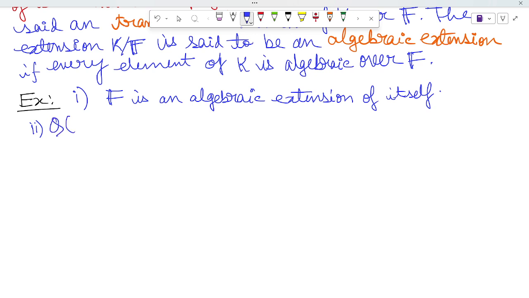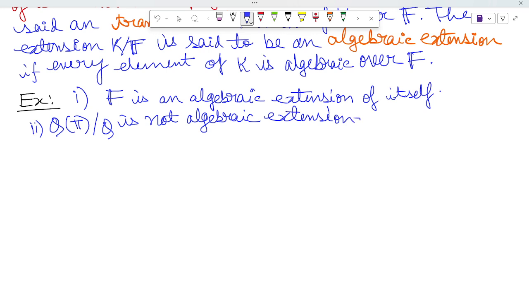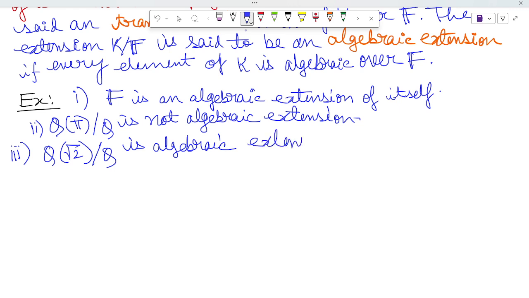Second, Q(pi) over Q is not an algebraic extension. The next couple of examples, just I am telling you: Q(root 2) over Q is an algebraic extension.